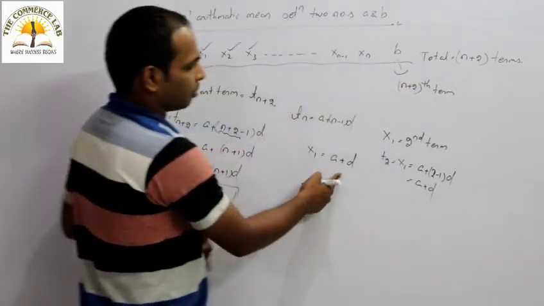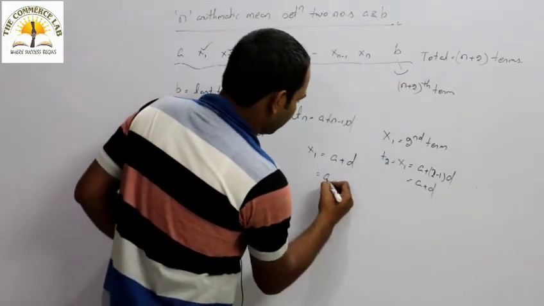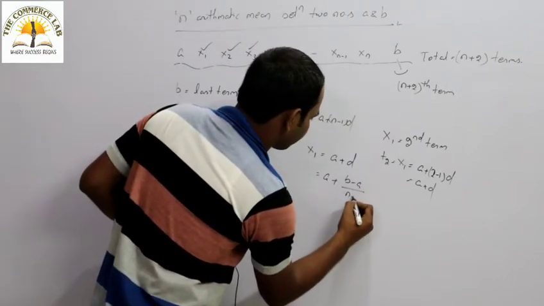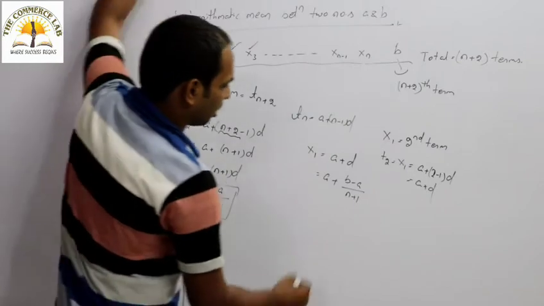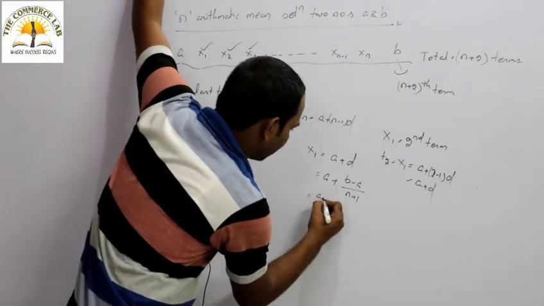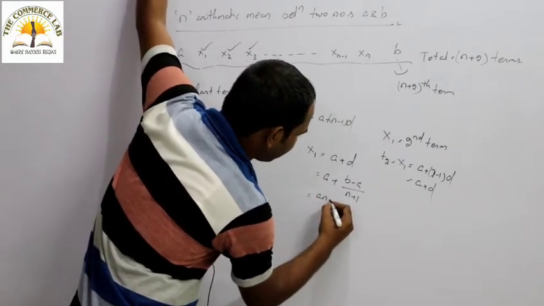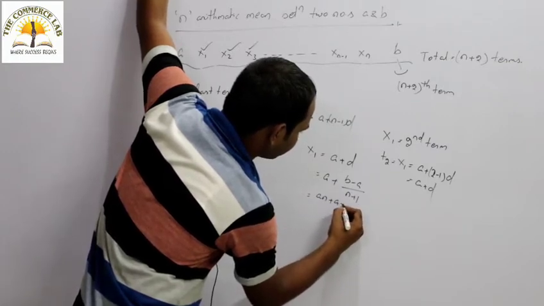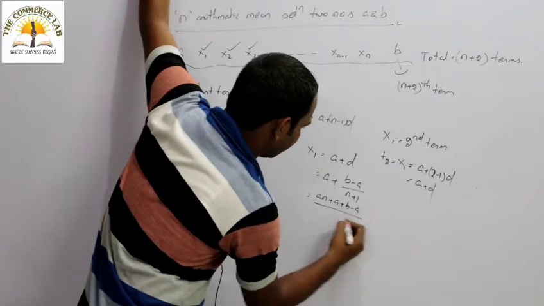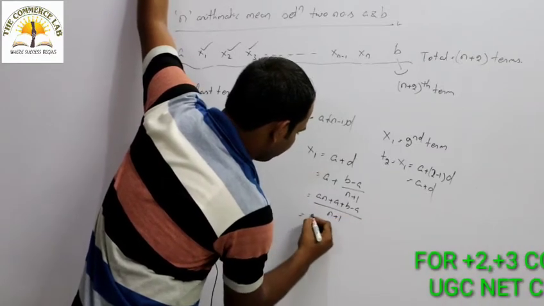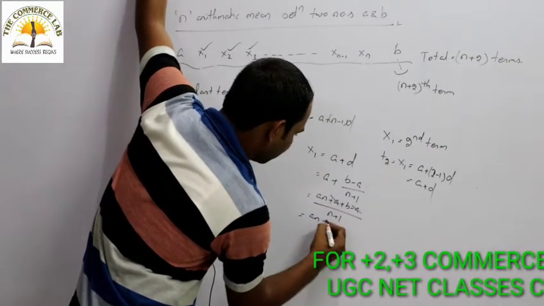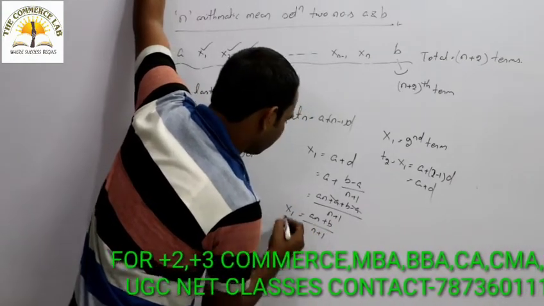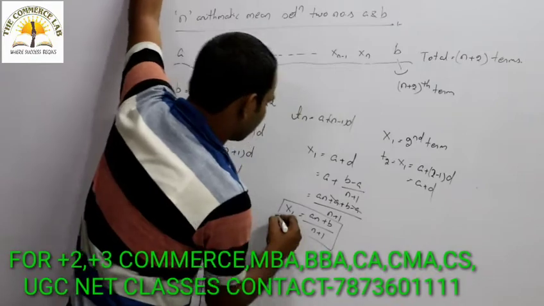So x1 is your a plus d. Here a is your a, d is your b minus a by n plus 1. I'll calculate: an plus a plus b minus a by n plus 1. An plus a minus a cancel, an plus b by n plus 1. So this is your x1.